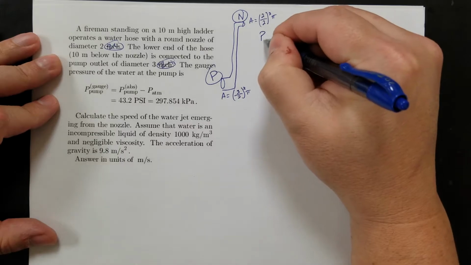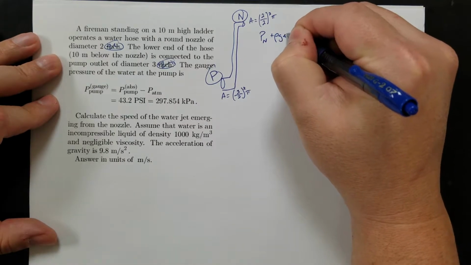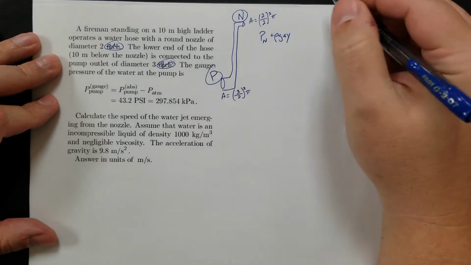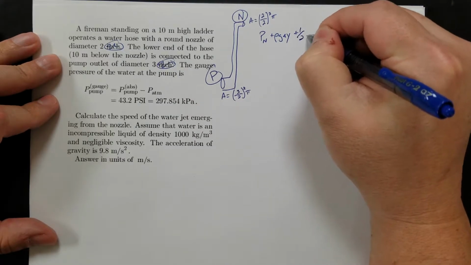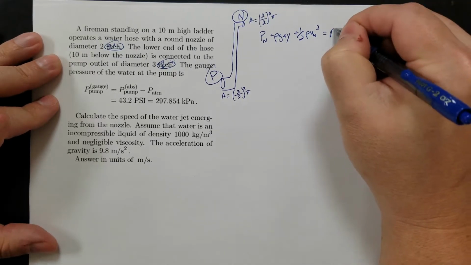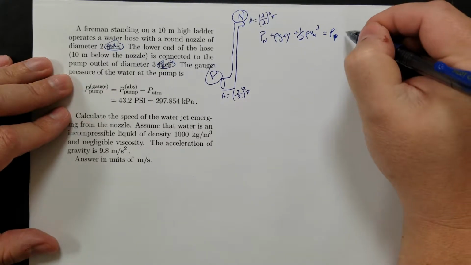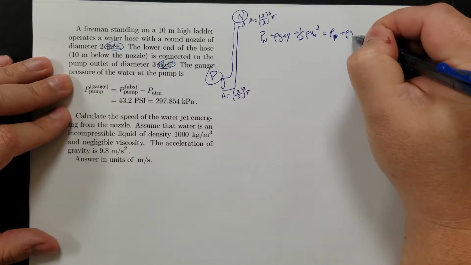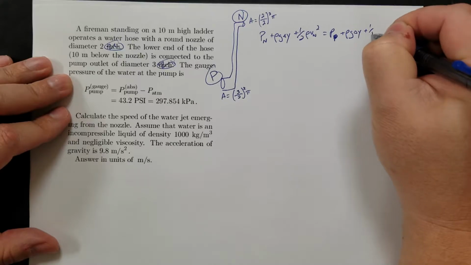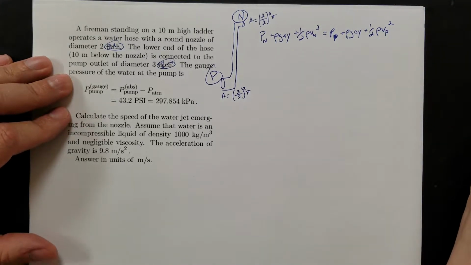The pressure at the nozzle plus rho g delta y at the nozzle plus the kinetic energy, 1/2 rho v at the nozzle squared, equals the pressure at the pump, plus rho g delta y plus 1/2 rho v pump squared.